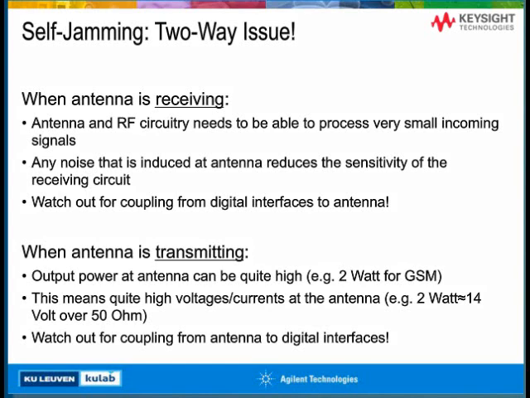If you look at a 50 ohm antenna and calculate what 2 watts means, you see that you have 14 volts at the port of the antenna, which is quite high. That also means that there can be quite some coupling from the antenna to digital interfaces. So the way of looking at the coupling in receiving and transmission is actually opposite. When receiving, it is from the interconnects to the antenna; when transmitting, it is from the antenna to the digital interfaces.